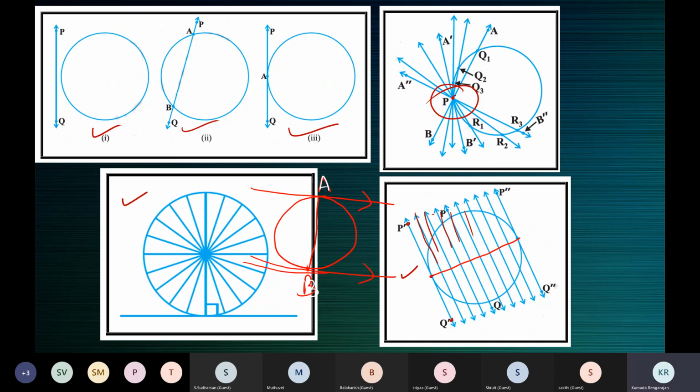There is only one tangent that can be drawn parallel to a given tangent.